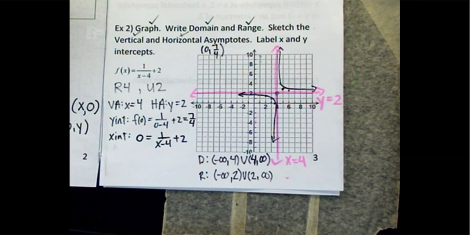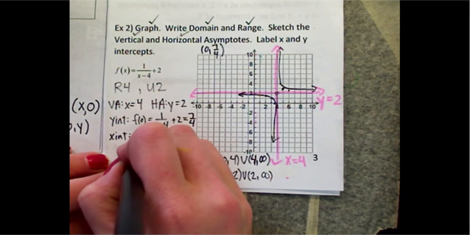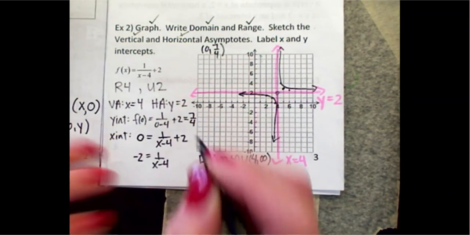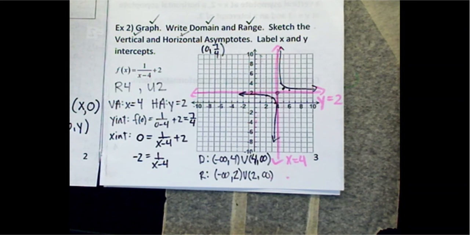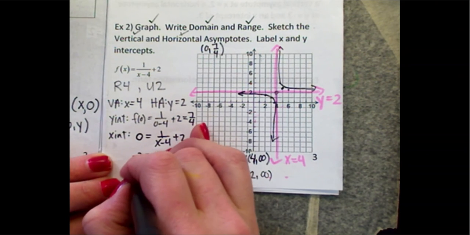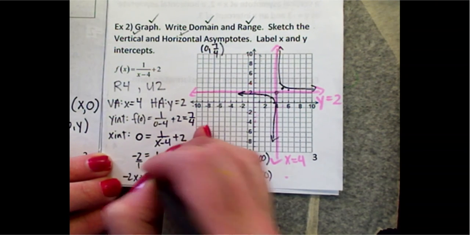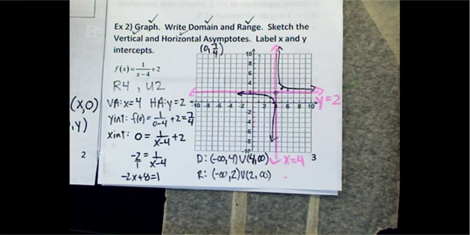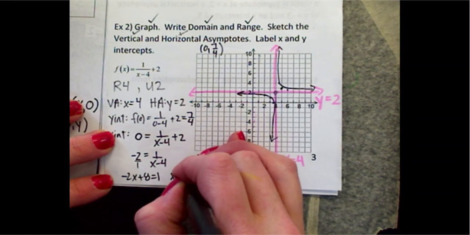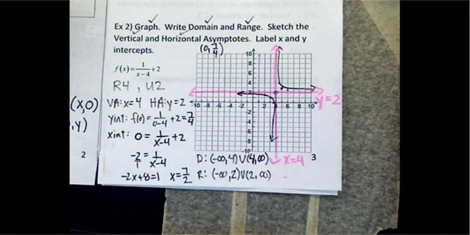Okay, so I'm going to minus 2 to the other side. Do a little cross multiply and then solve for x. So I get 7/2, 3.5.